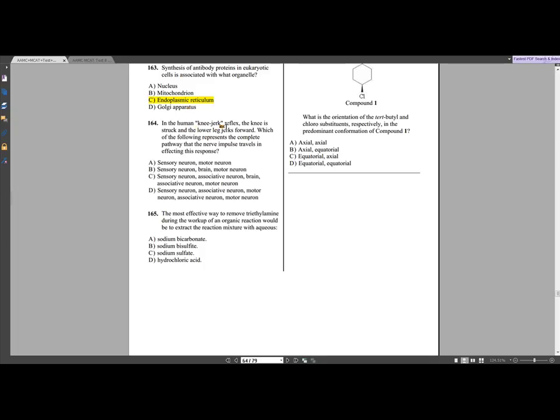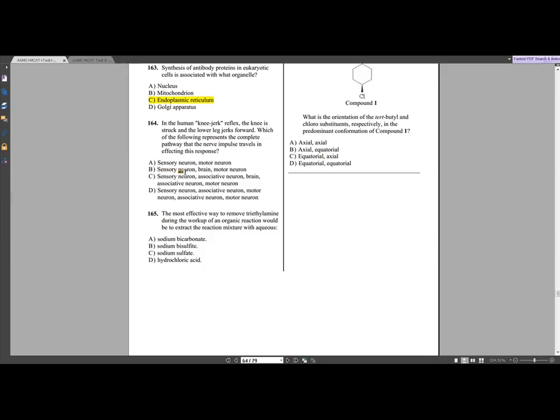Knee jerk. Well, nerve starts with sensory.